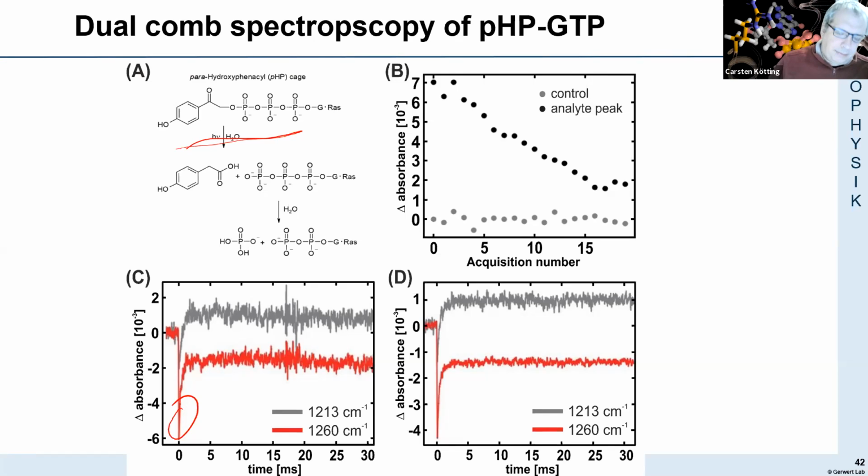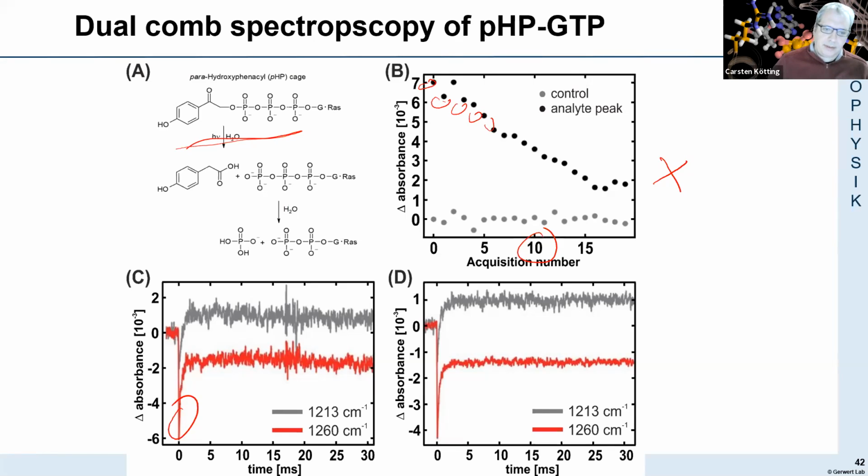But our laser was then not able to photolyze everything in one go. This is seen here in this figure. We see that for about 10 flashes there is some photolysis and some reaction going on, and only after 15 flashes or so our cage compound was completely photolyzed.